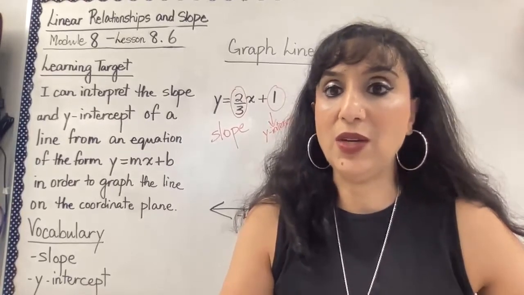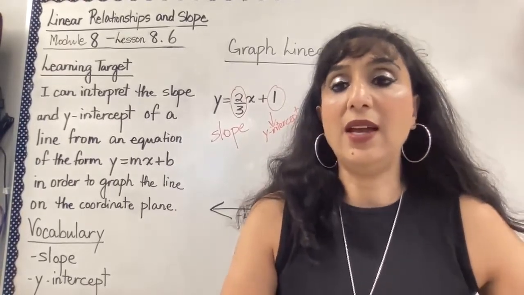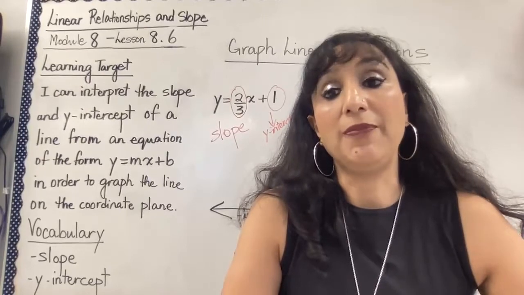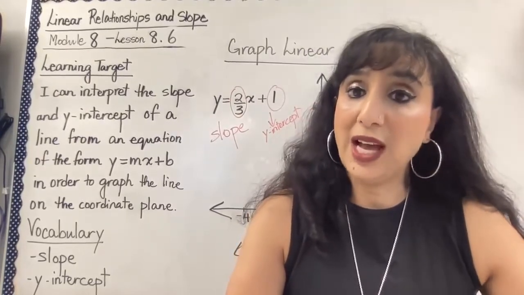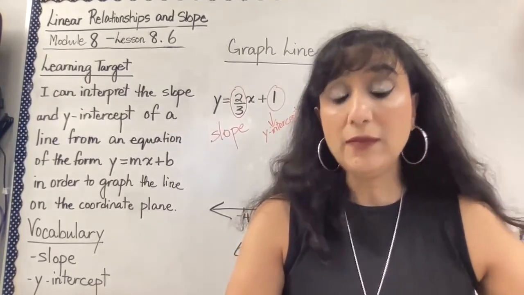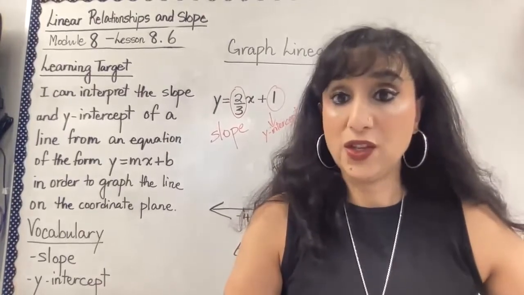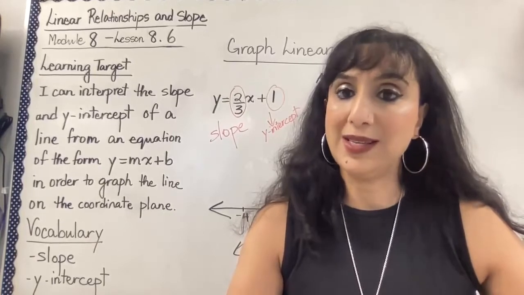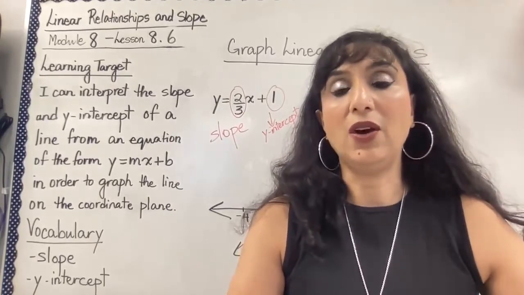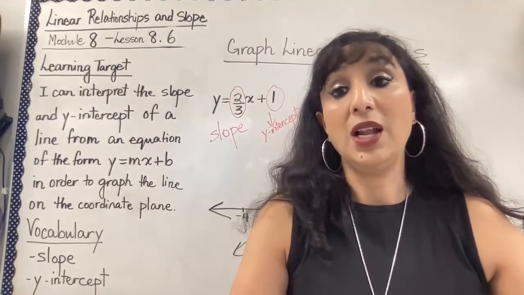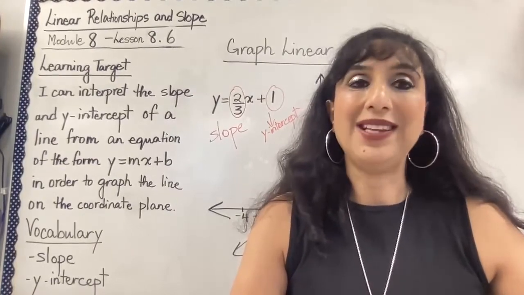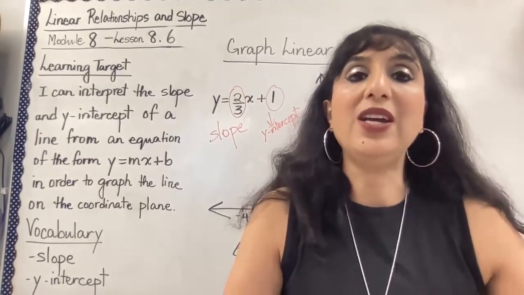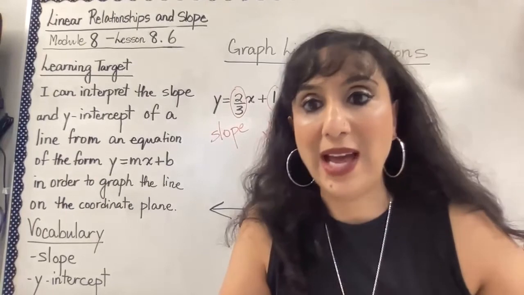So looking at that, you can do the rise and the run. And then, of course, you have the horizontal and the vertical lines that can also be drawn, and they are straight lines. So one does not have any slope, the other one is undefined, so they go in the horizontal or the vertical line accordingly. But then this concludes our linear relationships and slope in module 8.